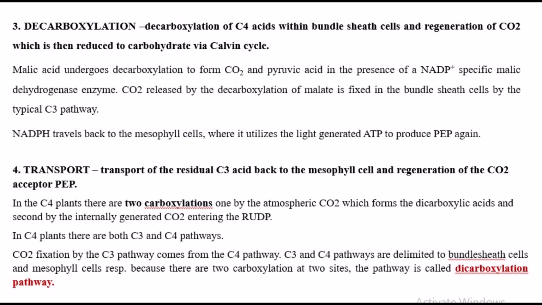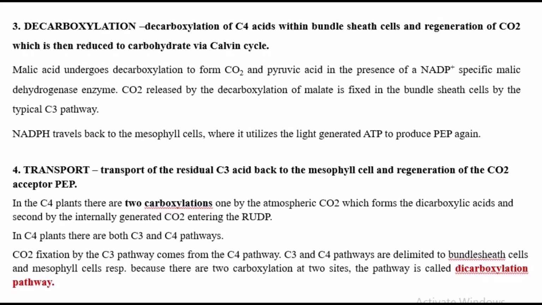Carbon dioxide released by the decarboxylation of malate is fixed in the bundle sheath cells by the typical C3 pathway, while NADPH travels back to mesophyll cells where it utilizes the light generated ATP to produce PEP again.